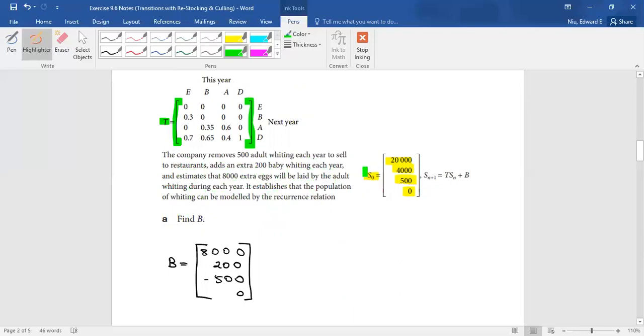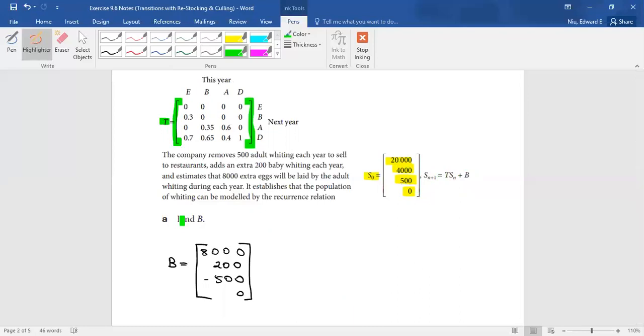The starting amount, we've got 20,000 eggs, 4,000 babies, 500 adults, and no deaths. This is saying, well, the next year is going to be the transition matrix times the previous year's total fish quantities plus this B. And so the first question says, find B. Well, what do you think B is?